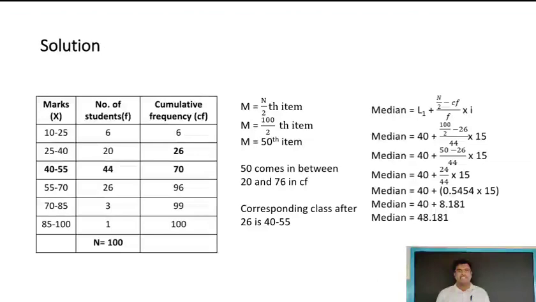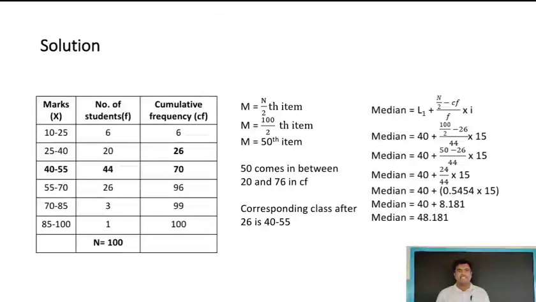Now I will spot this 50 in the cumulative frequency. It will be between 26 and 70, which is in bold in column number 3. So the corresponding class is 40 to 55.